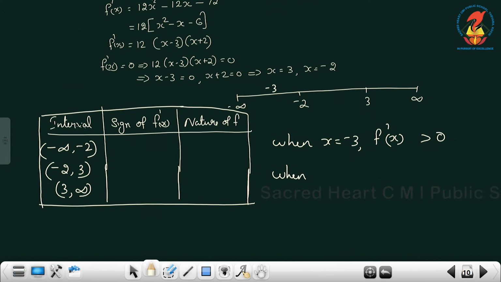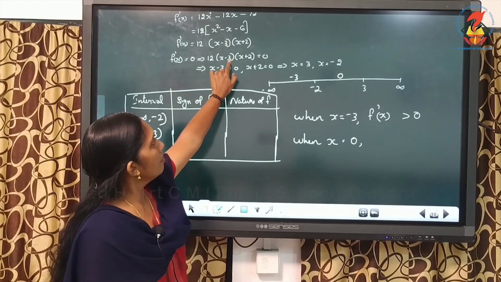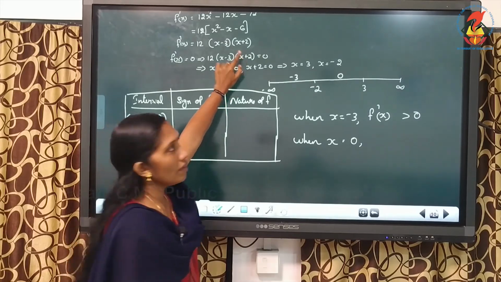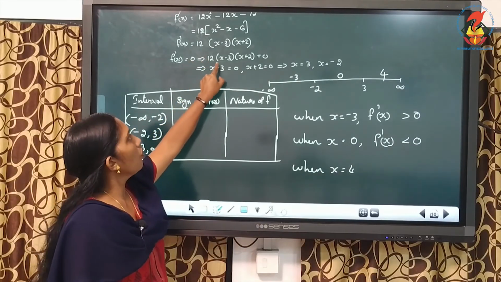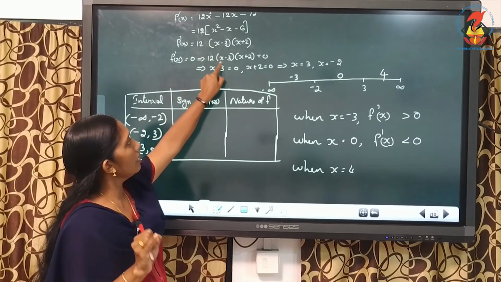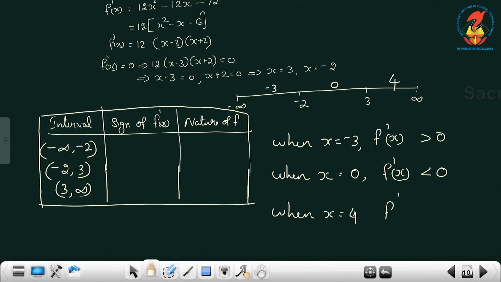Then the second interval, you can take 0. When x is 0, negative into positive, that is negative. Now from the last interval, you can take 4. 12 into 4 minus 3 is positive, 4 plus 2 is also positive. So f dash x is positive.